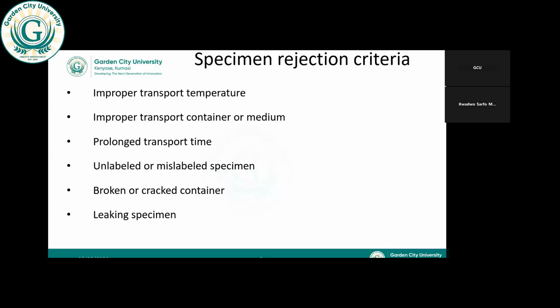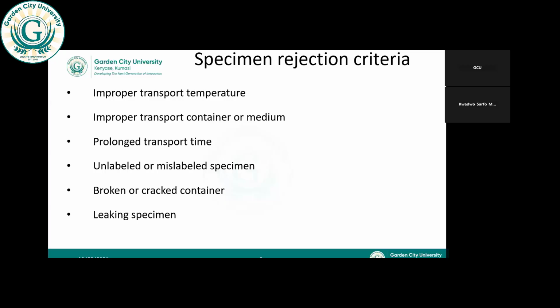If the specimen is not labeled, who do we assign this sample to, or the patient to? So it could be rejected. If it's mislabeled, assuming you collected a stool sample and then it's labeled urine, this can be corrected and then processed as soon as possible. But there should be communication anyway.